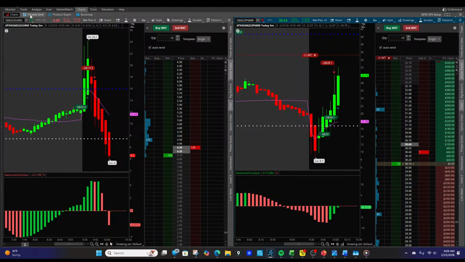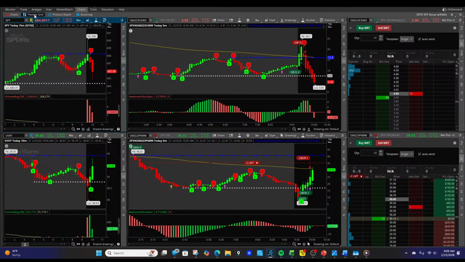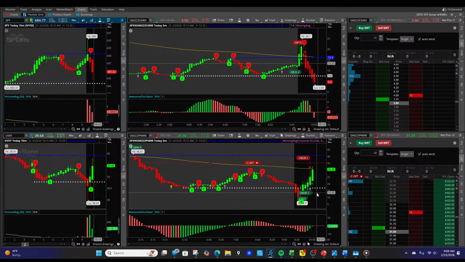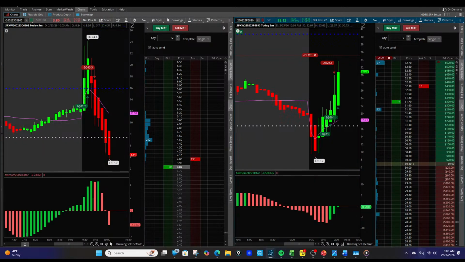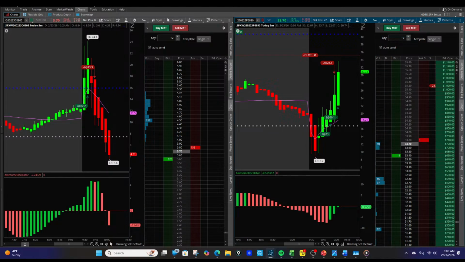Okay. If we come look here, this looks okay, but I would much rather see it like this because the candles are bigger and I don't really feel like the SPY and the VIX did much. Looks like we're heading up.